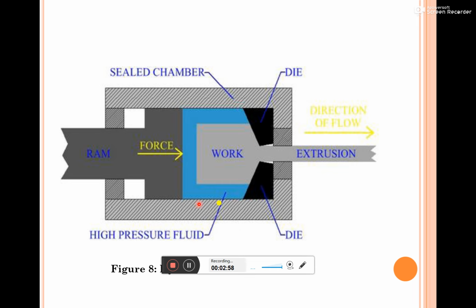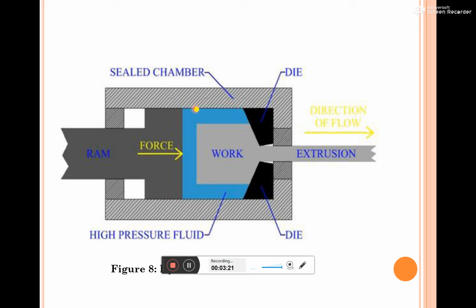The process you are now seeing on your screen is related to hydrostatic extrusion. In this hydrostatic extrusion, the entire process is done in a sealed chamber.